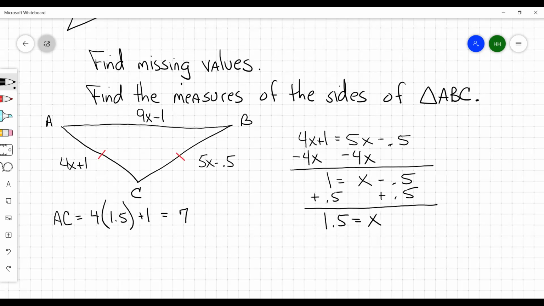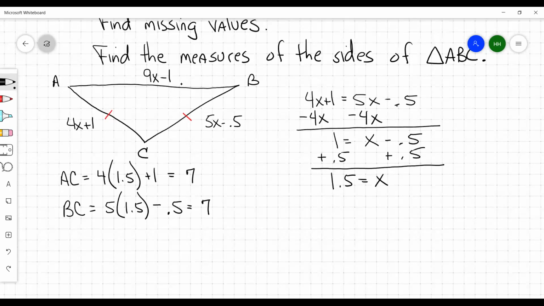BC, we're just going to double check and make sure that BC, 5 times 1.5 minus 0.5. That's 7.